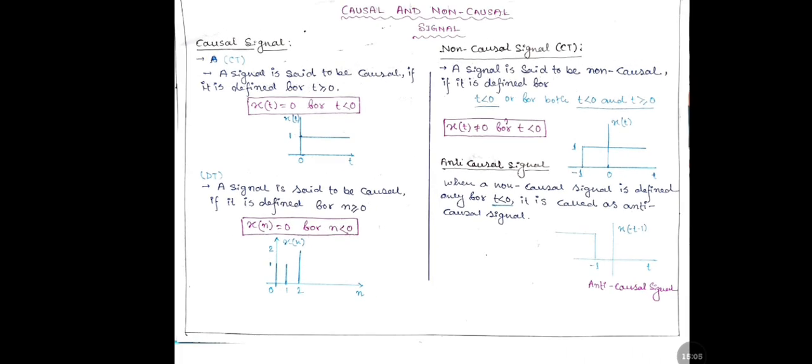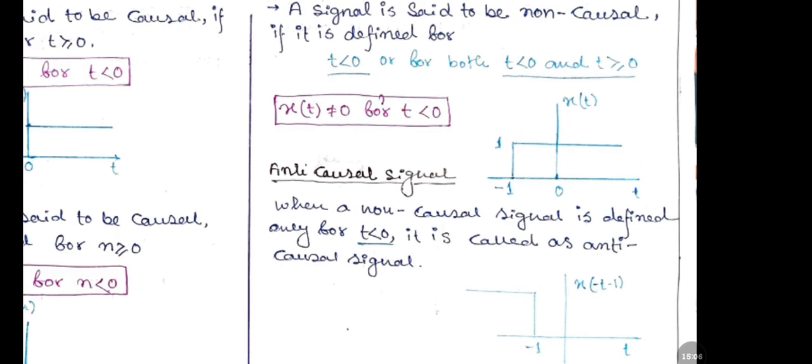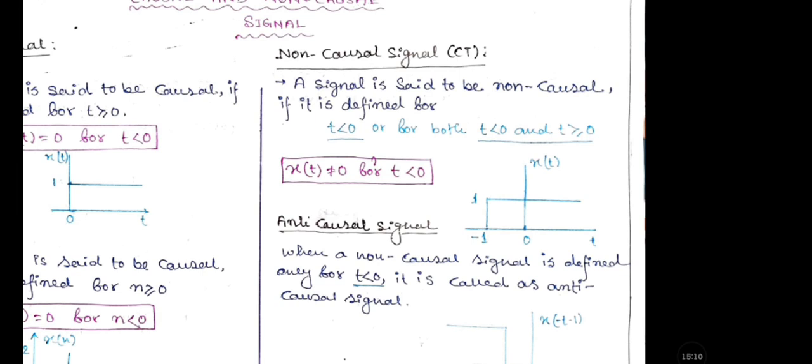For non-causal signals, a signal is said to be non-causal if it is defined for t less than 0, or for both t less than 0 and t greater than or equal to 0. For t less than 0, if x(t) is not equal to 0, then it is called a non-causal signal.